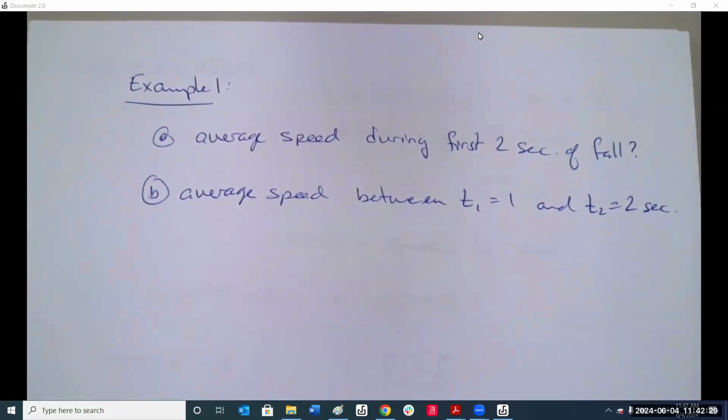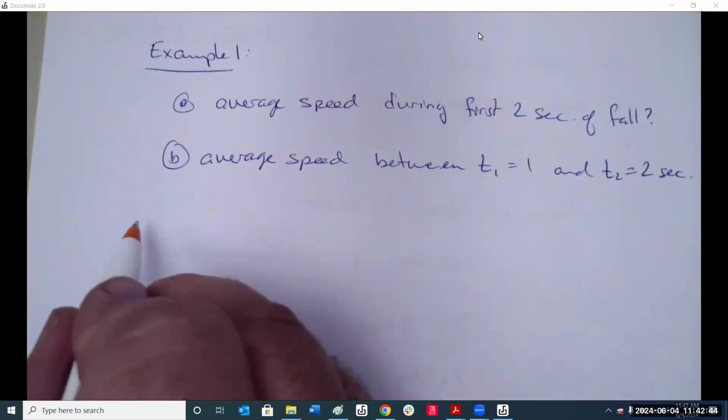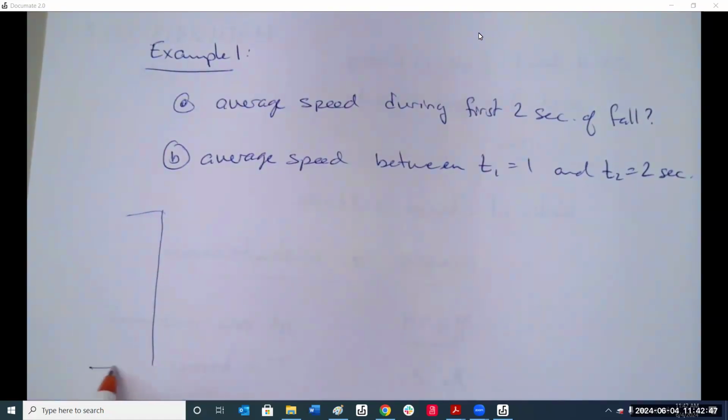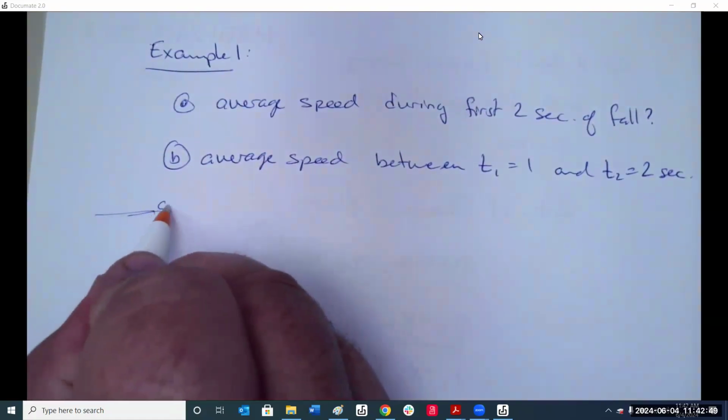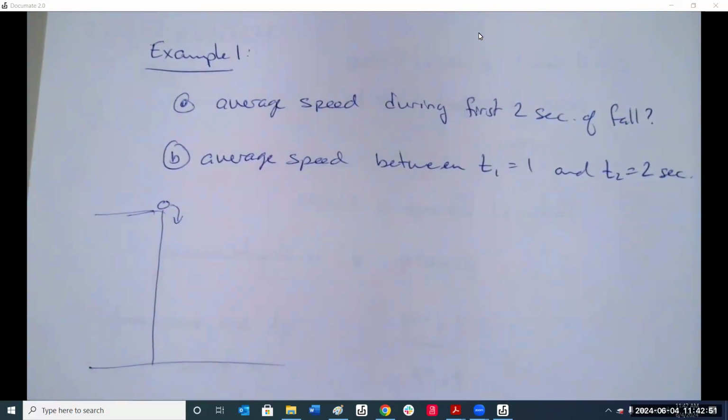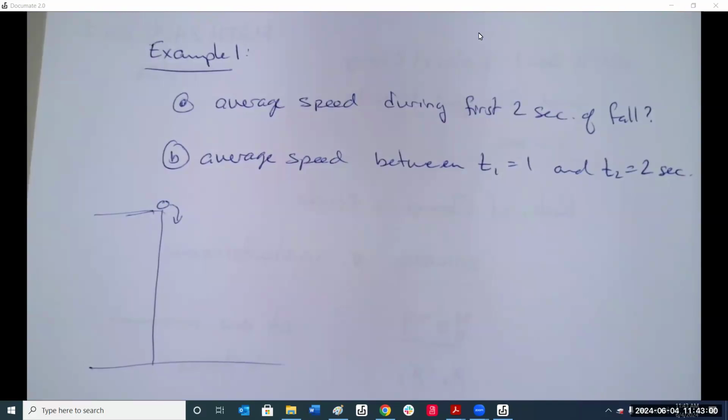So how do we do this? How do we figure that out? Remember, we have a tall cliff. A rock drops. What is its vertical movement?